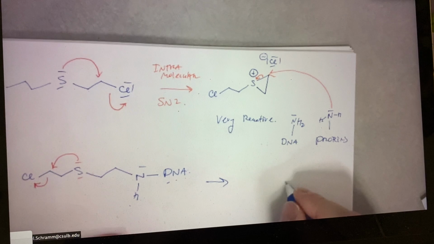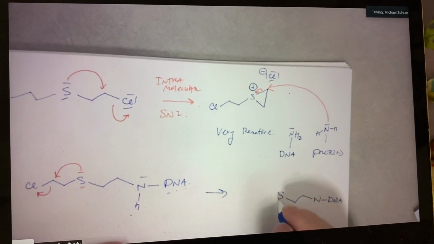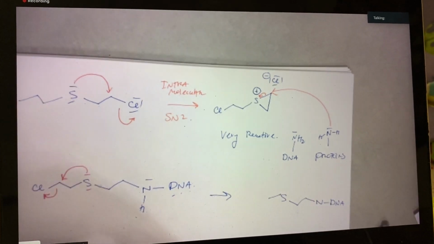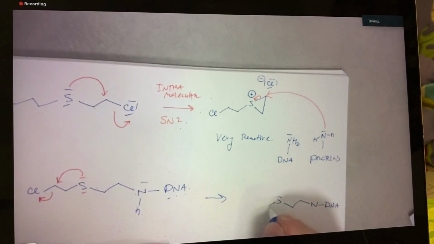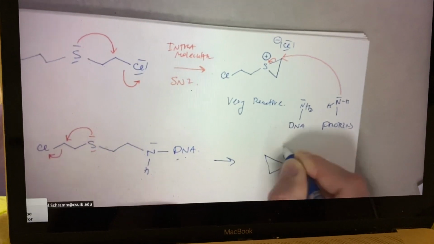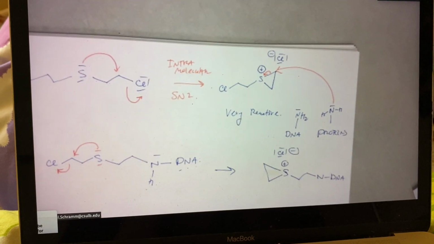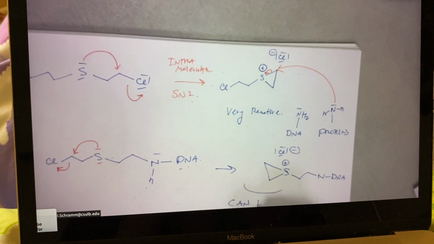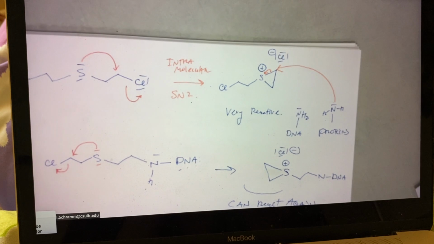And it gives rise to, just using DNA, it's a little bit easier to write here, another opportunity for the sulfur to form this highly reactive three-membered ring and a second molecule of, say, a living tissue or organism.